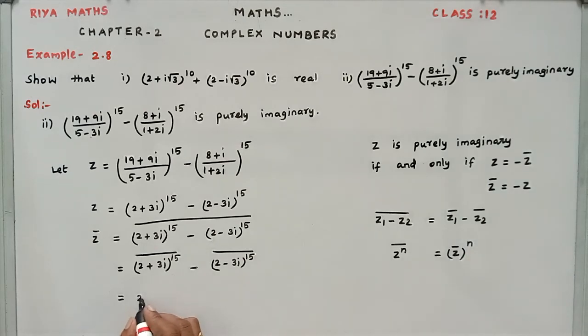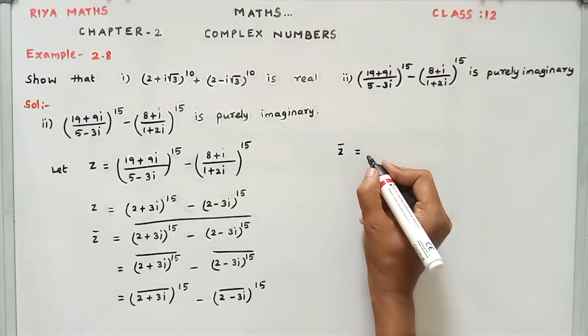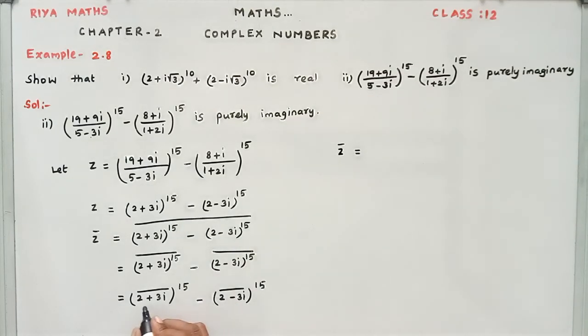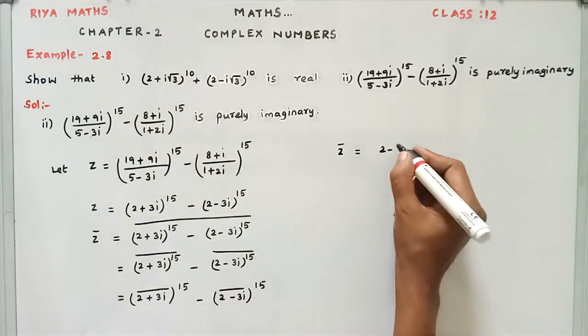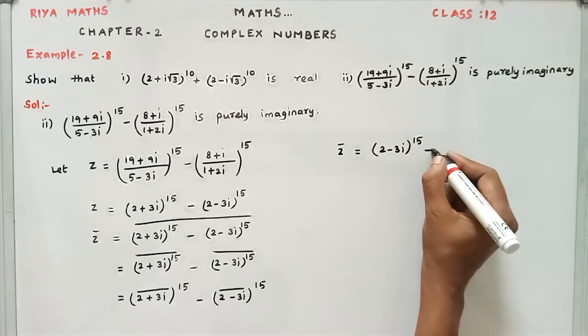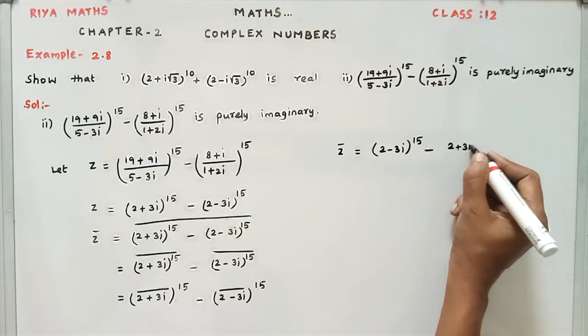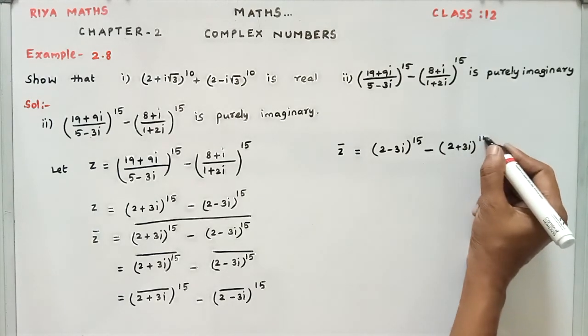So which is equal to (2 + 3i) bar to the power 15 minus (2 − 3i) bar to the power 15. So z bar equals the conjugate of 2 + 3i, which is (2 − 3i)^15, minus the conjugate of 2 − 3i, which is (2 + 3i)^15.